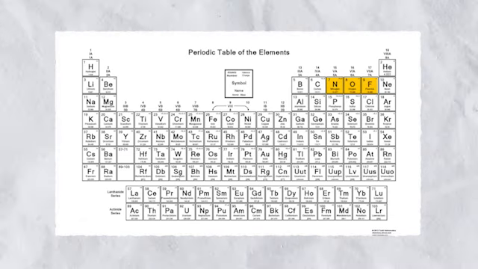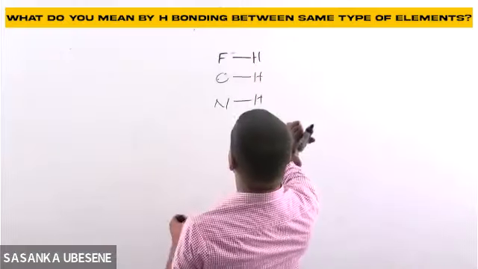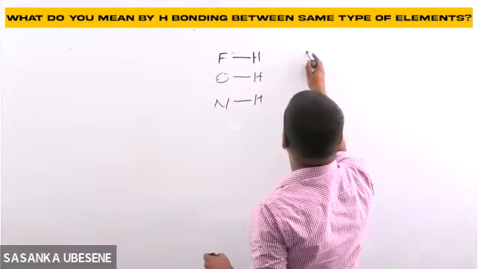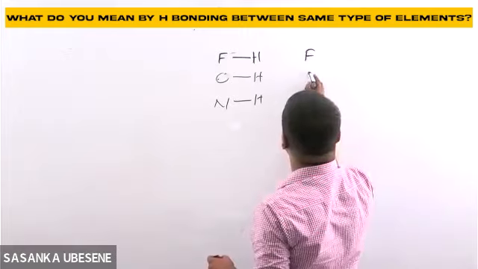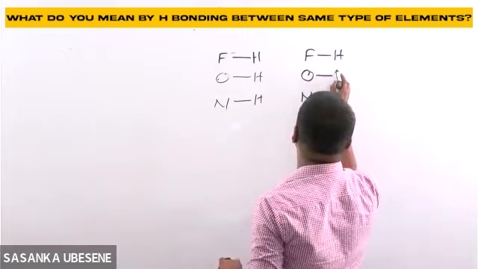So a hydrogen atom is attached with one of the most electronegative atoms, and that electronegative atom is attached again with a hydrogen atom.